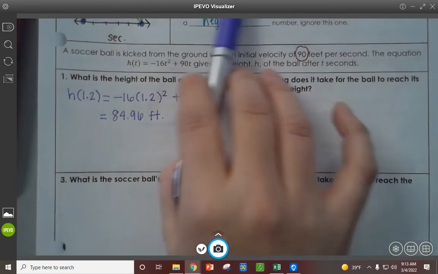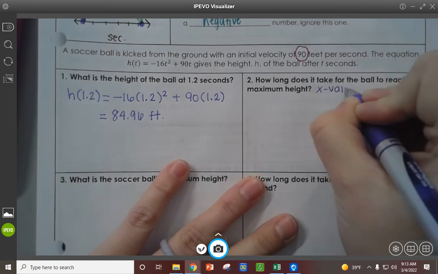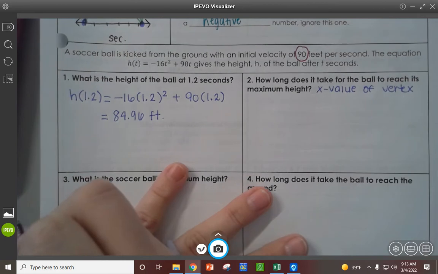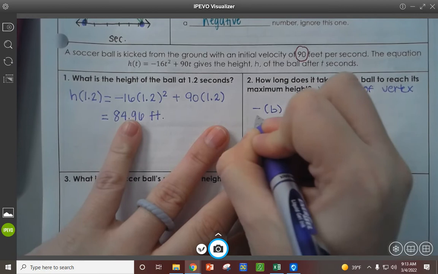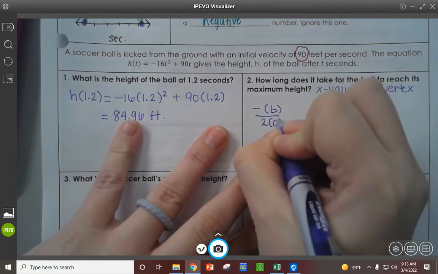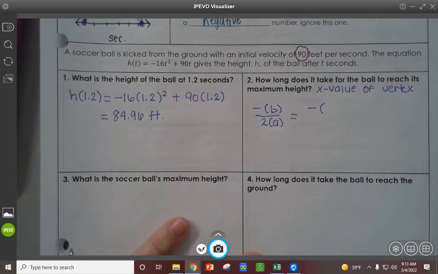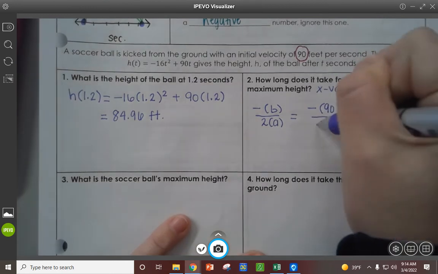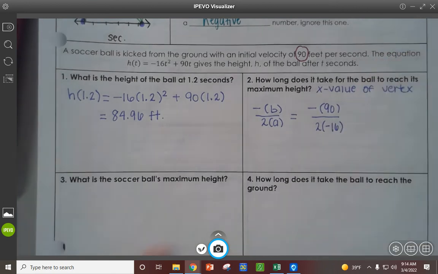The time it takes to reach the maximum height is the x value of the vertex. So we're going to use the formula negative b over 2a. What is my b value? 90 over 2. And what's my a? Negative 16. Very good.